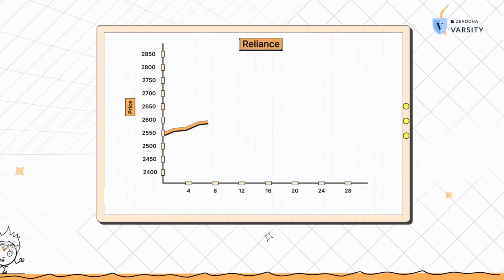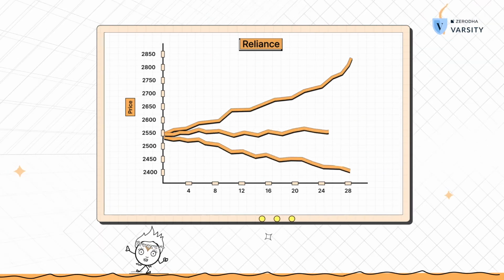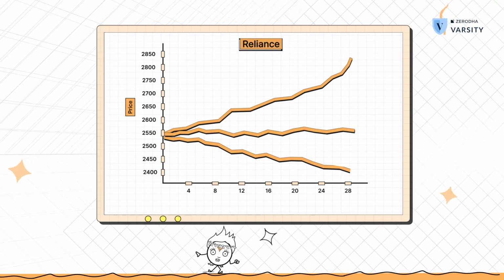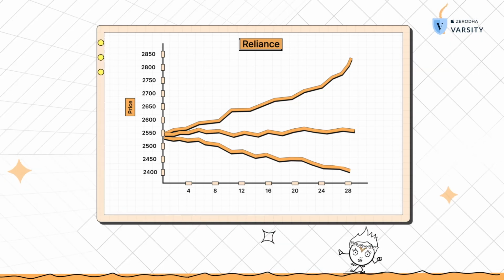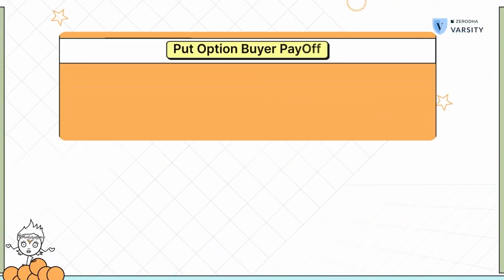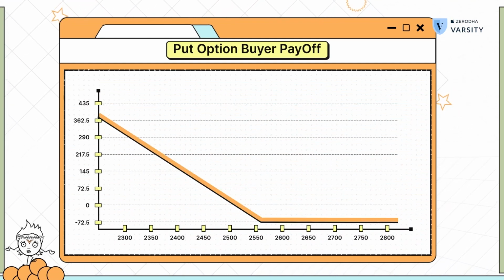Now, before I conclude this video, I want you to think about the payoff structure of a put option buyer. We generalize this by looking at three specific price points, that is 2,800, 2,400 and 2,560, where the price remains flat. But in reality, upon expiry, the price of Reliance can be anywhere. If you do a similar exercise like we did with the call option, you'll get a payoff that looks something like this.